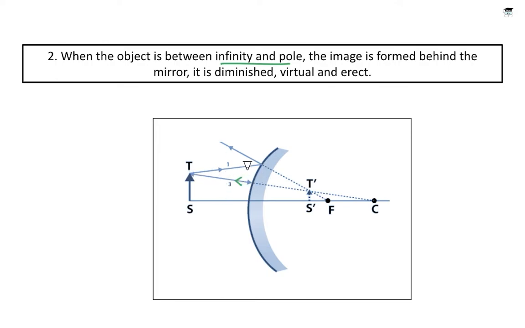The second one is incident at some angle, so it is reflected through the same angle. These appear to meet at this point, so this is where the image will be formed. It is formed behind the mirror and it is diminished, virtual and erect.